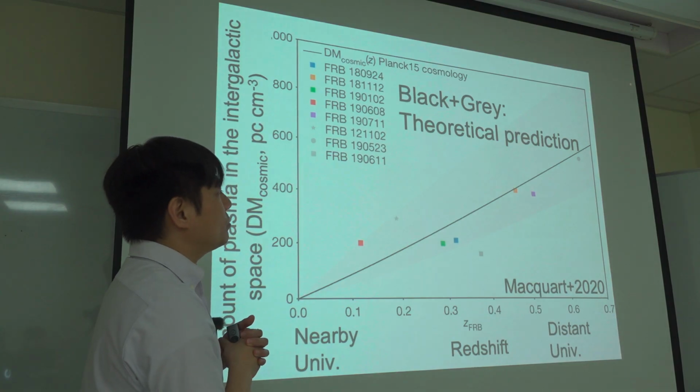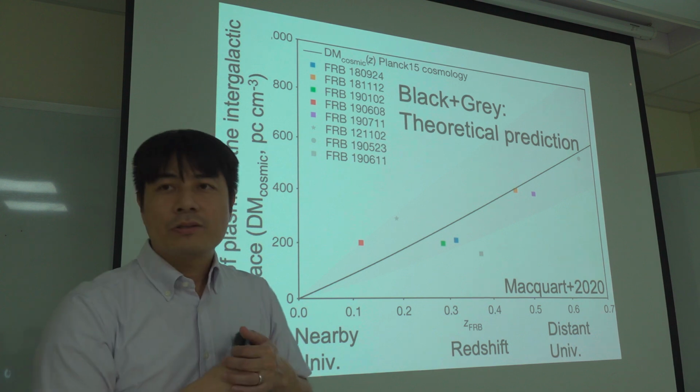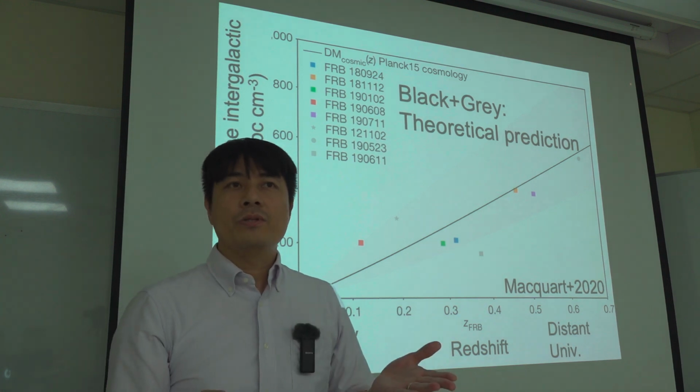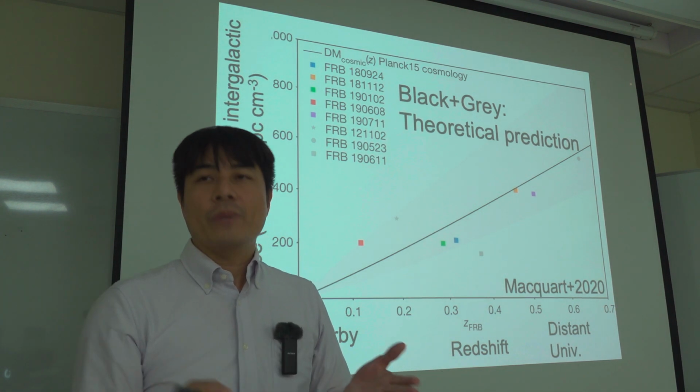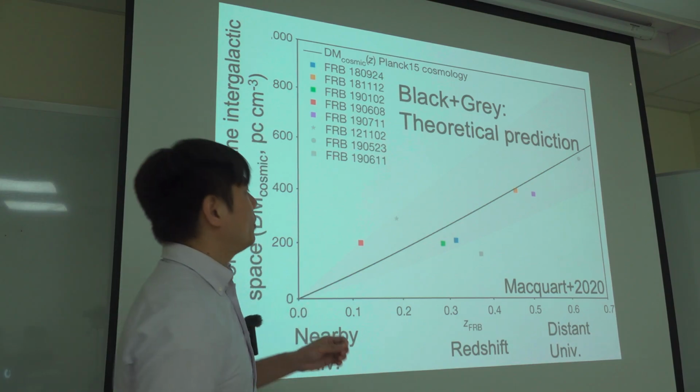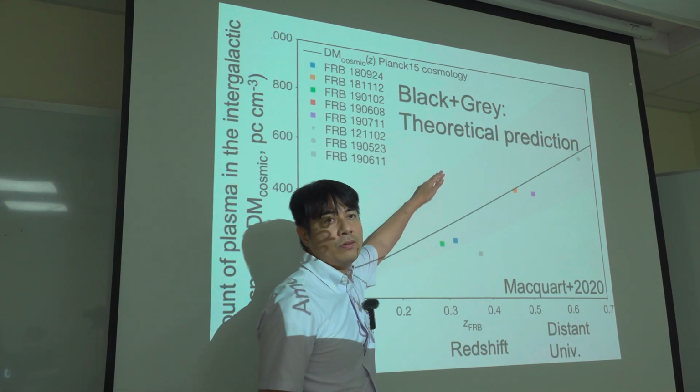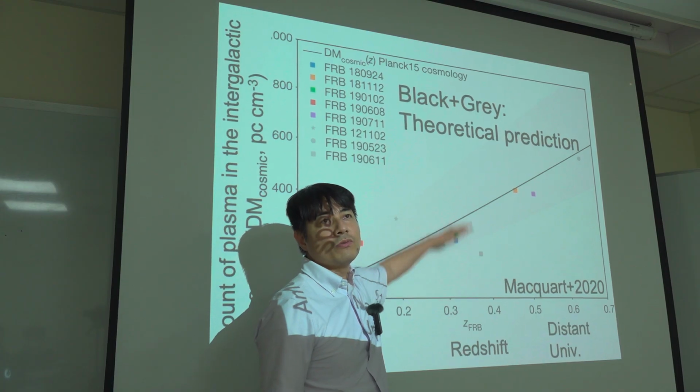I think this fluctuation will affect the accuracy of distance measurements from the DM. But we have an idea of how much this dispersion fluctuates.